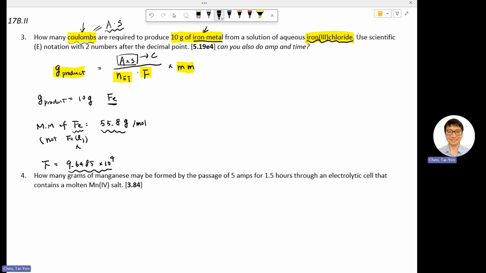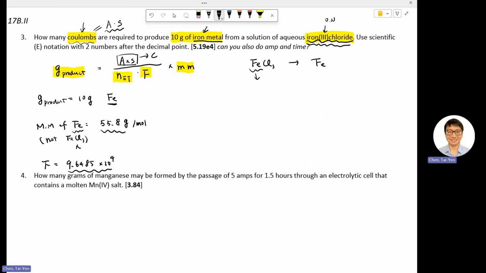So here you want to analyze what species can produce your product. Apparently in this case, it's iron(III) chloride, FeCl3. This eventually becomes your iron. The oxidation state is specified here, right?